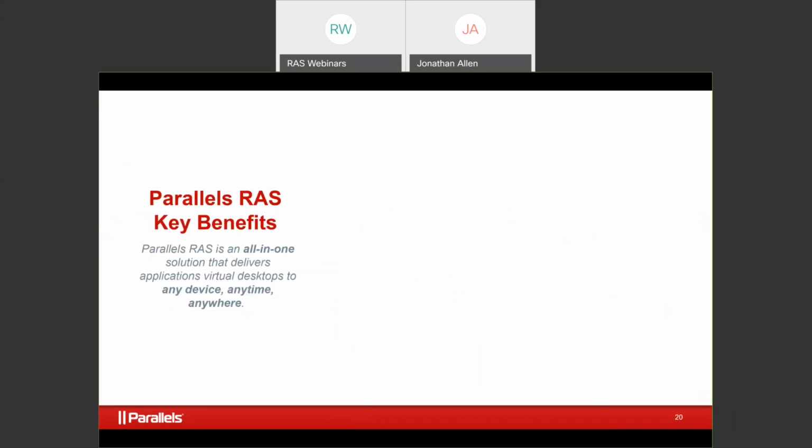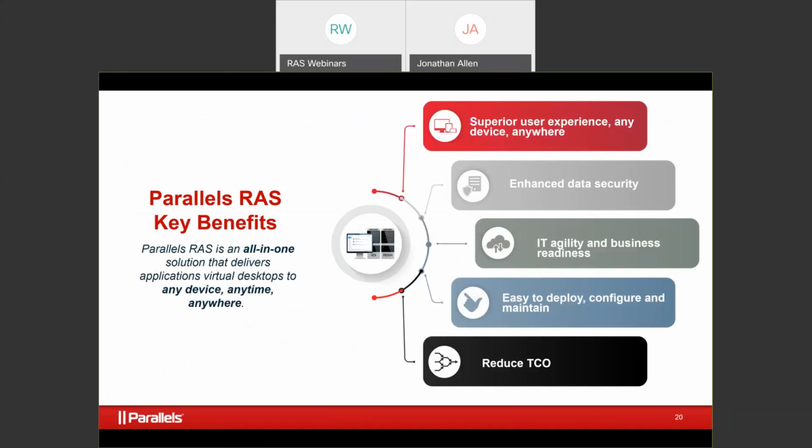So what are some of the Parallels key benefits specifically for RAS? Well, what we call our superior user experience. We've used the phrase user experience a lot in this intro demo, but it really is any device, anywhere. Our interface provides seamless and intuitive access to digital workspaces on any device.